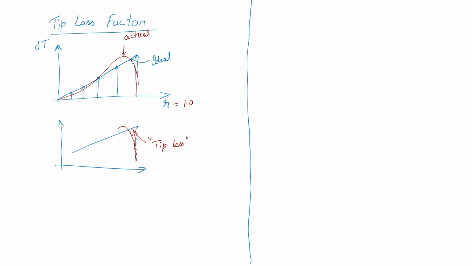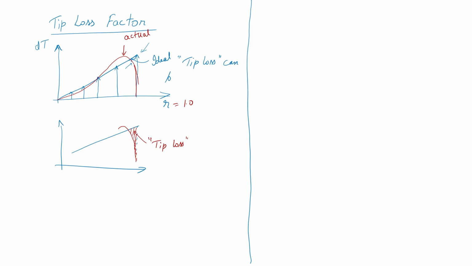You see in the ideal theory you still have lift in this area, right here, but in real theory there is less lift and that lift diminishes to 0. As a consequence, that is the tip loss.